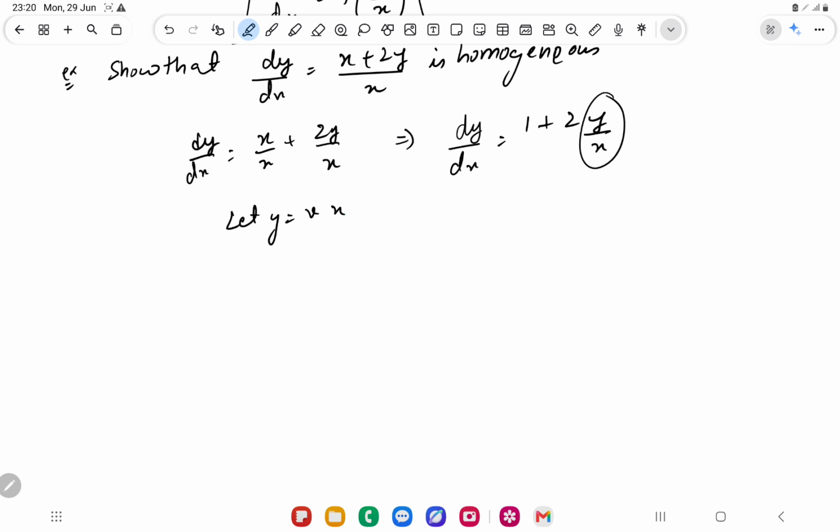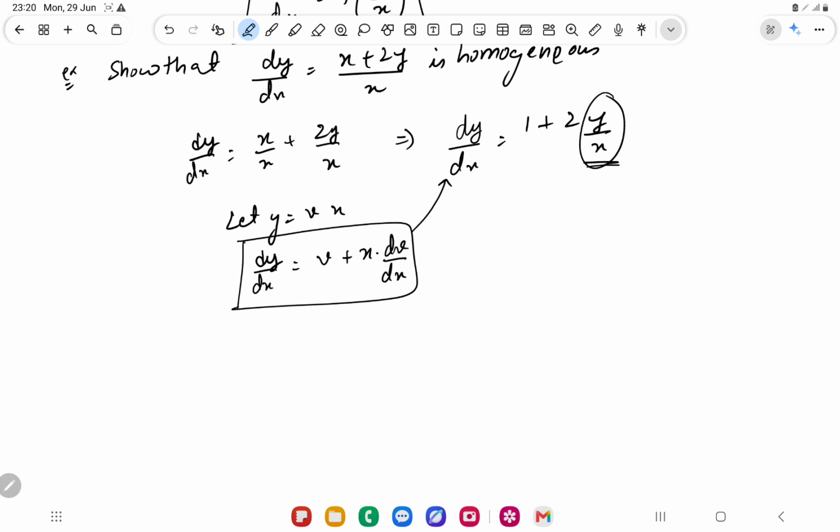Now when we are assuming y is equal to vx, we have to take the derivative on both sides. So I will apply the product rule. So I will get v plus x dv over dx. Now I will substitute this value over here and y is equal to vx over here.